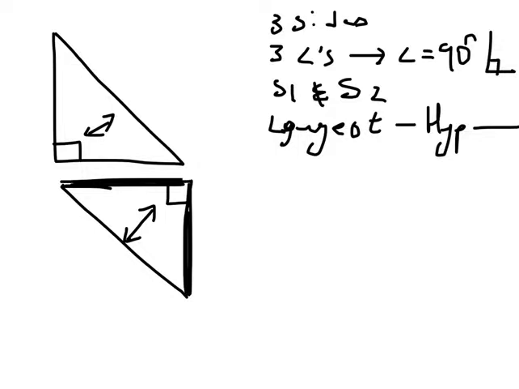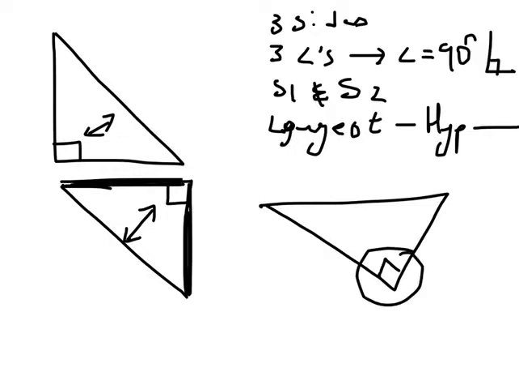For the last time, it doesn't really matter how the right-angled triangle is positioned. The moment it has this, then it's a right-angled triangle, and most importantly, this is our hypotenuse, or the longest side, with this being side 1 and that being side 2. These other sides also have names, but for today we will just leave it as side 1, side 2, and the longest one being the hypotenuse.